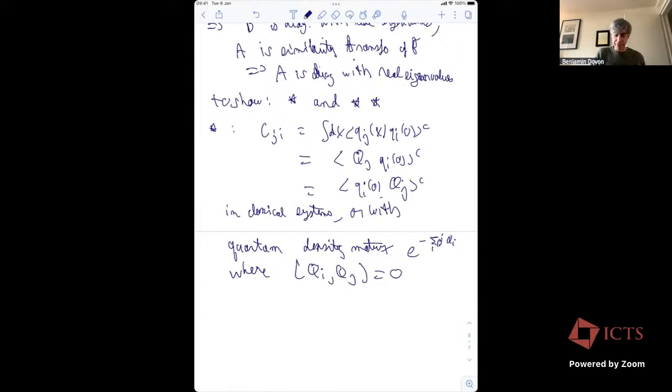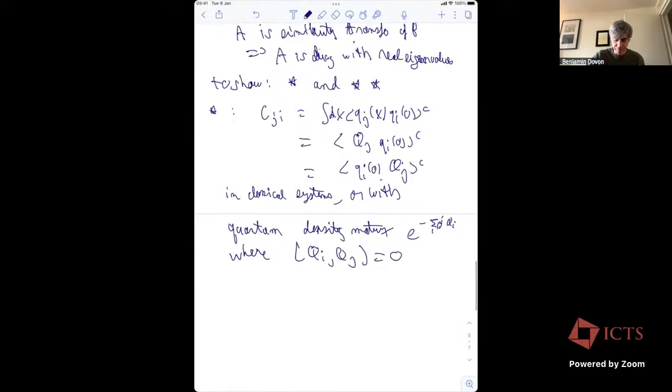So in both cases, I can bring the Q to the other side. And I will consider this case because these are the only cases that are relevant for what we're going to do.